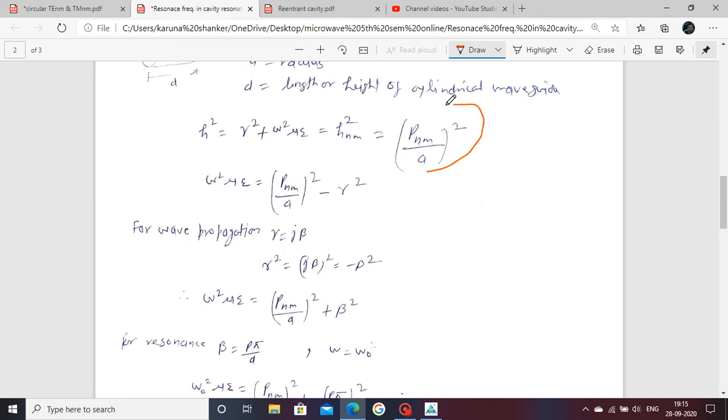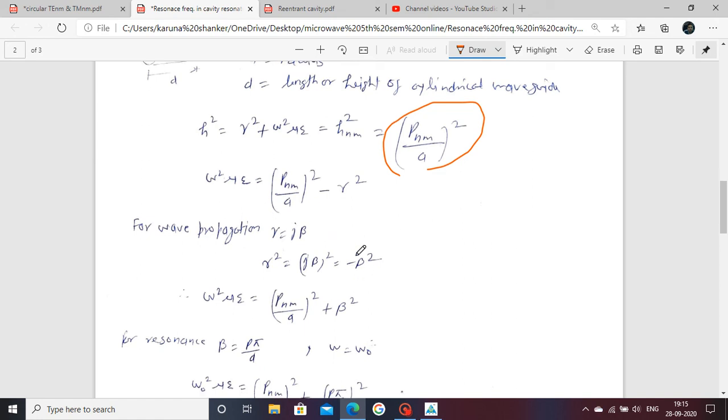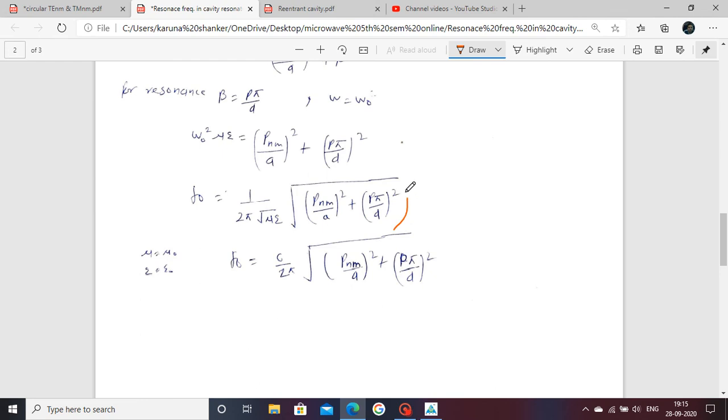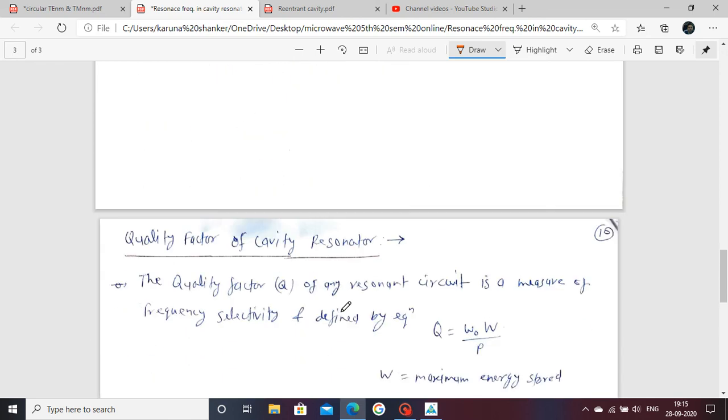This is p nm upon a, from the Bessel functions, where the equation comes from. Arranging this in equation form, one more term is added here: p pi by d, as already added for the rectangular waveguide. This f naught is the resonant frequency of the cavity resonator.